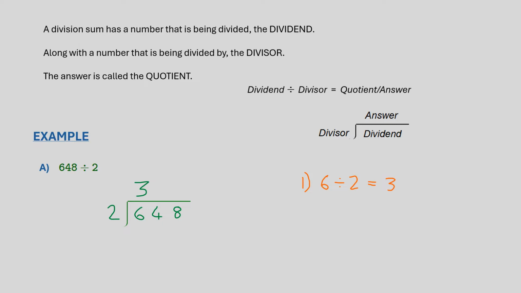Now we just repeat exactly the same steps with the other two numbers in the dividend, which here are 4 and 8.